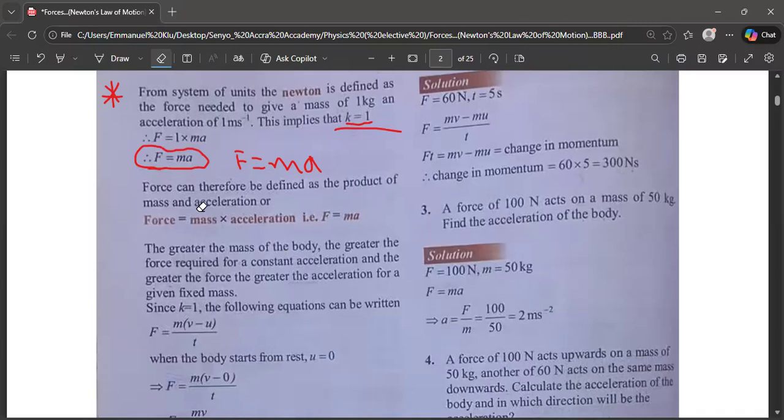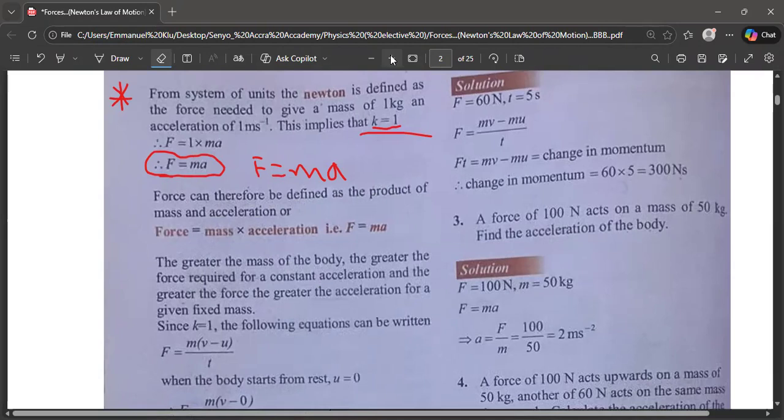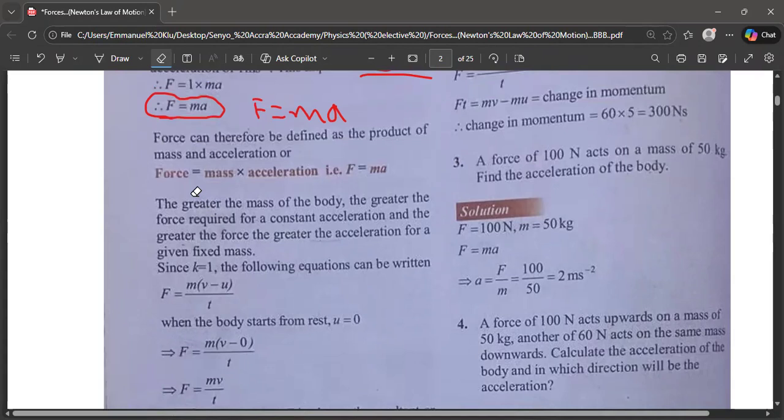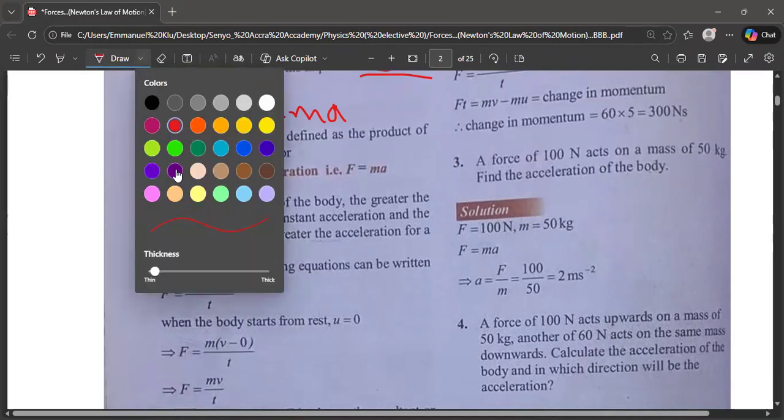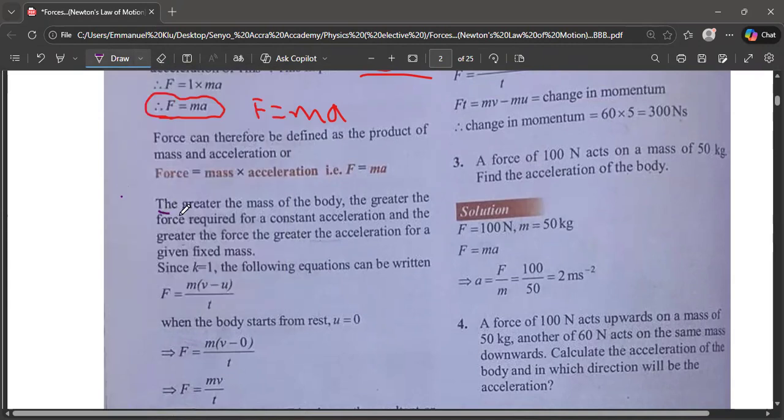Force can therefore be defined as the product of mass and acceleration. So now you see where that scenario also came from. That implies that the greater the mass of the body, the greater the force required for a constant acceleration.